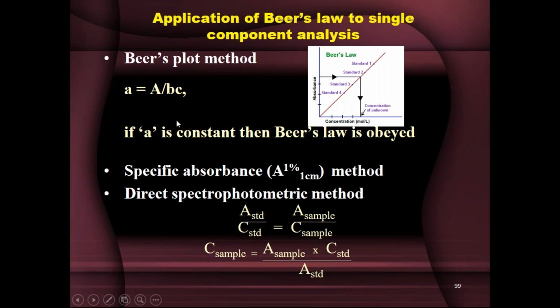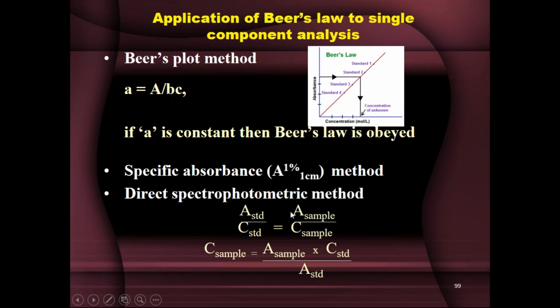Whereas in Beer's plot, both the standard and the sample are prepared and measured under similar conditions. So any differences will be duplicated in both of them. It's not so in specific absorbance. You are making only one solution and comparing with the standard value prepared under different conditions. So though it's a very fast method, it is prone to more errors.